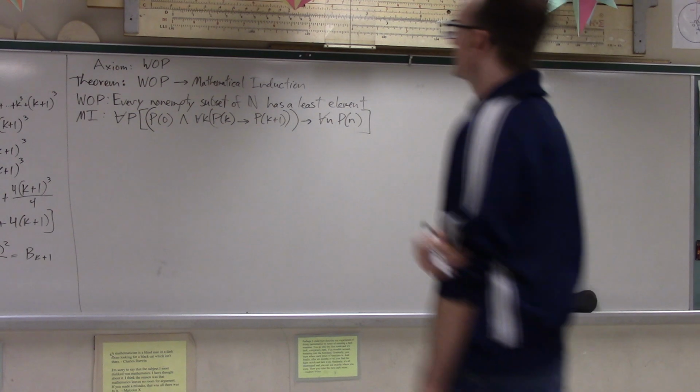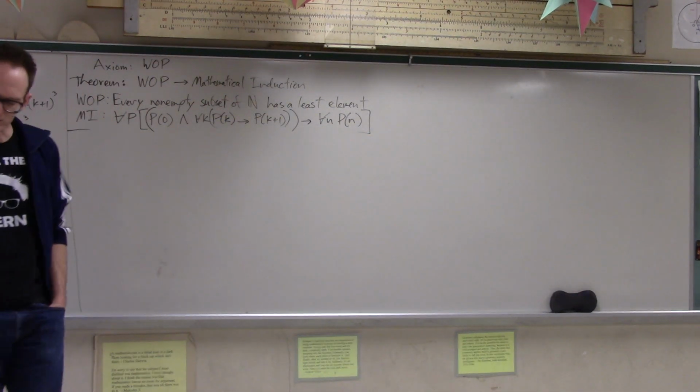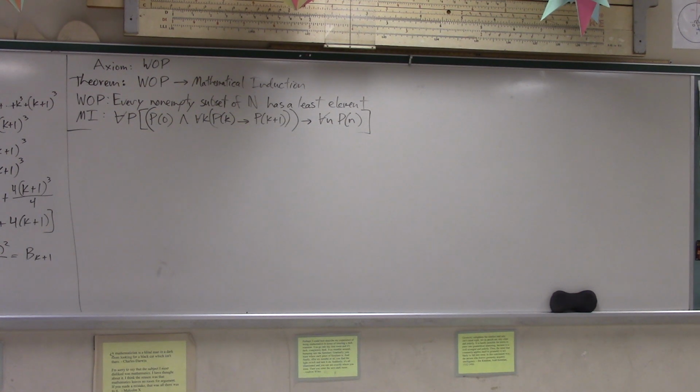Okay, let's do the proof. And this is one of those things where if you took logic, this is going to be way easier for you, almost like essential. But anyway, we'll go through it. It'll make sense.